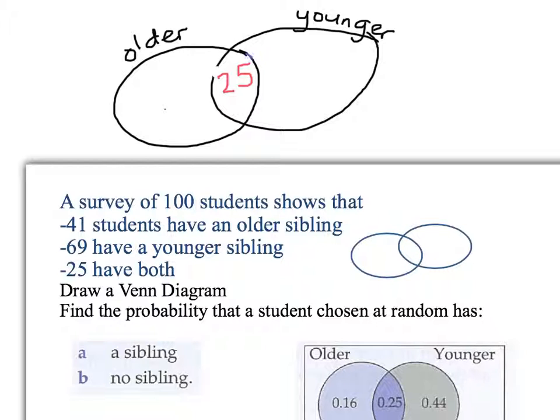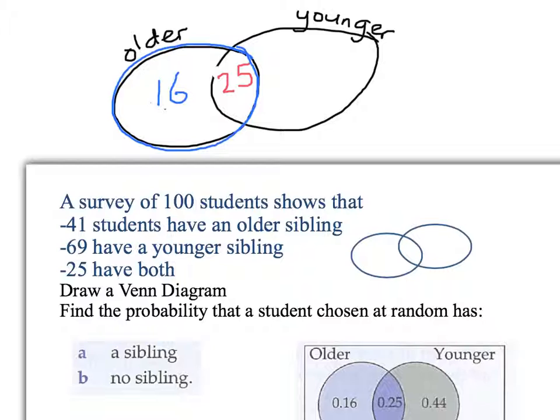And we know that in this whole older circle here, set, there are 41 students. So there must be 41, take away the 25, and that leaves me with 16. The 16 and the 25 will add to 41.